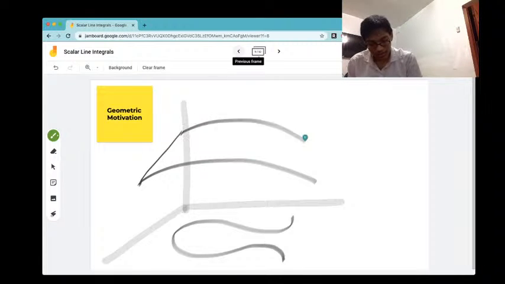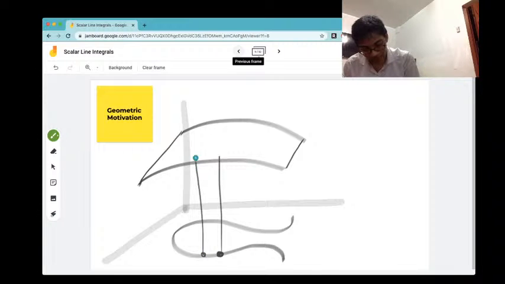There we go. Each and every point on this path is going to be mapped to some z coordinate. For example, let's say I take this point right here on my path. It's going to be mapped to that coordinate. And this point is going to be mapped to another z coordinate. Likewise, every point is going to be mapped to some coordinate.